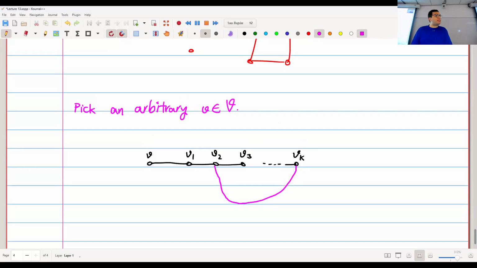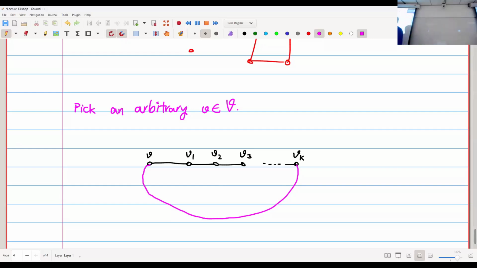It has 2 edges in the path, and now it has another edge. So if I ever go back to another vertex in the path, it has to be the first vertex. I will be forced to have this. Right? But in this case, I have a cycle.